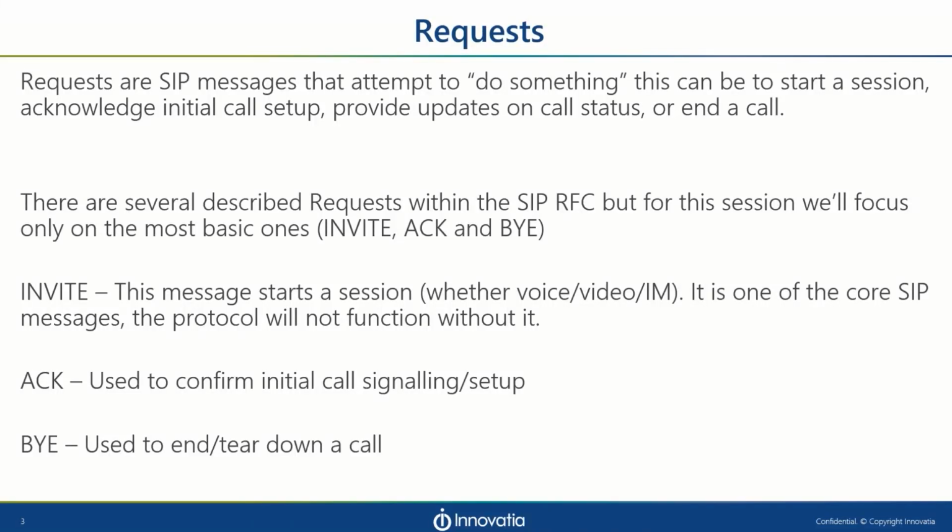Anytime some sort of action is required on an active call or to set up a call, a SIP request is needed in order to perform that particular action. There are several requests defined within the SIP RFC, but we're going to focus on three particular ones as part of this session.